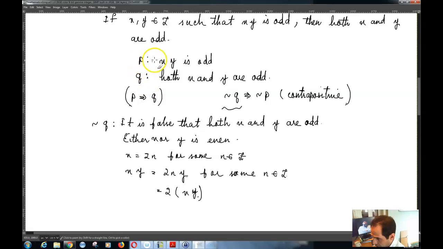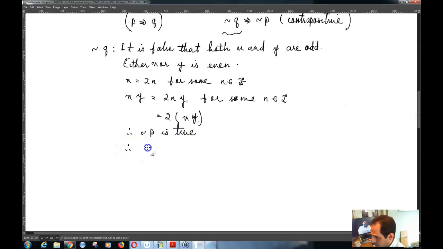P is xy is odd, but here I can see that xy is even, so not P is true. Thus we have shown that not Q implies not P, and hence the given statement is true.